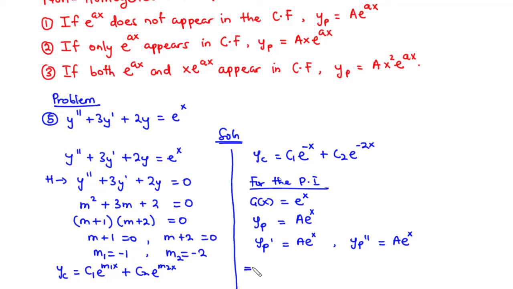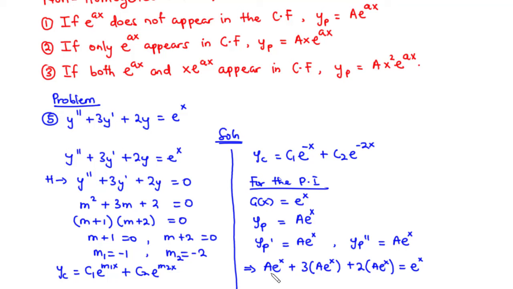equation. So from the differential equation, we have y prime prime, which is a e to the power x plus 3 times y prime, which is a times e to the power x plus 2 times y, which is also a e to the power x, and that is equal to e to the power x.